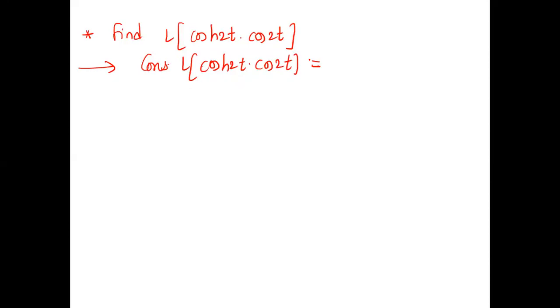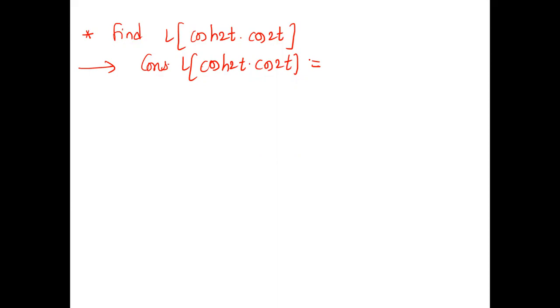So as it is multiplication we cannot separate, and hence at this stage we cannot directly solve. So what are the steps to solve? If we go into some other property, then we can solve.